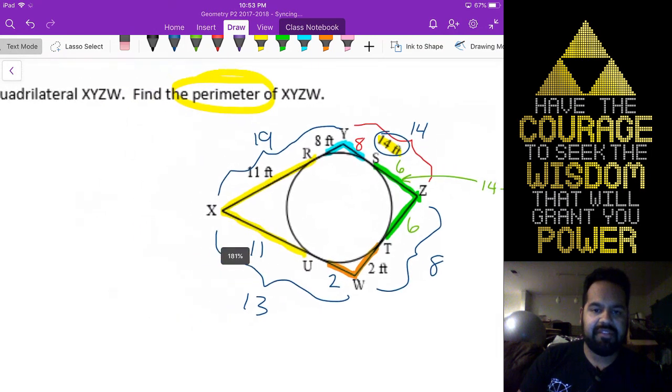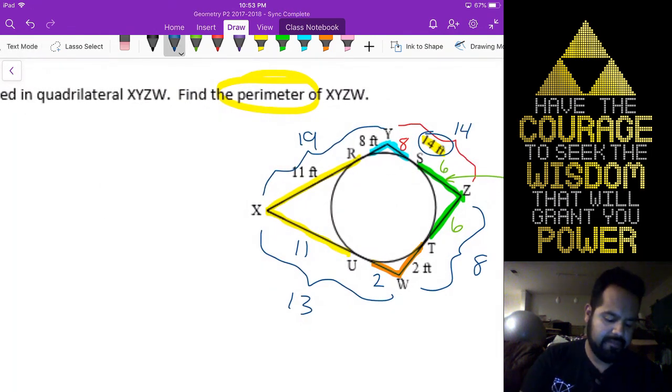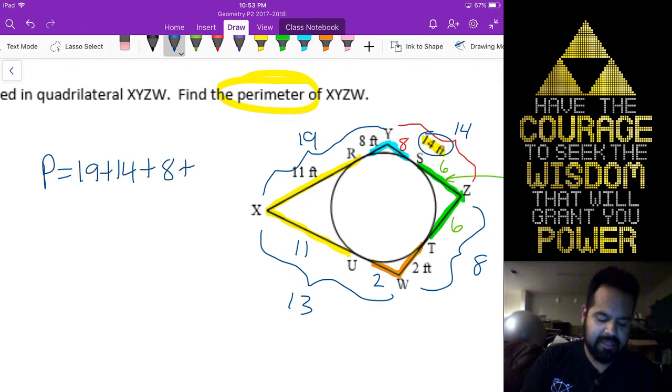So I'm going to say that my perimeter equals 19 plus 14 plus 8 plus 13. So that is 22, 35, 44, 54. So that's going to be 54 feet.